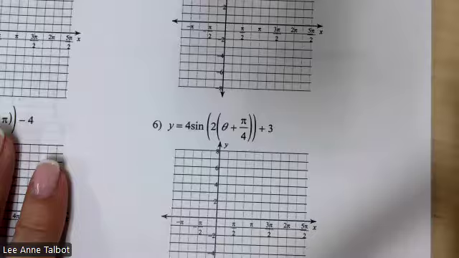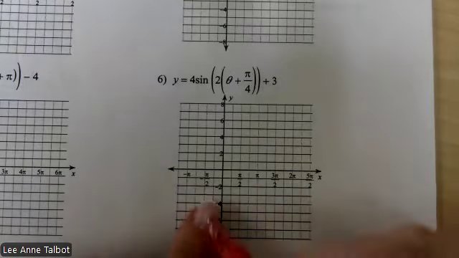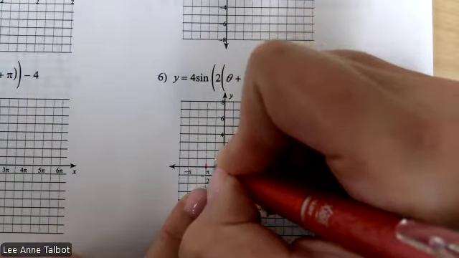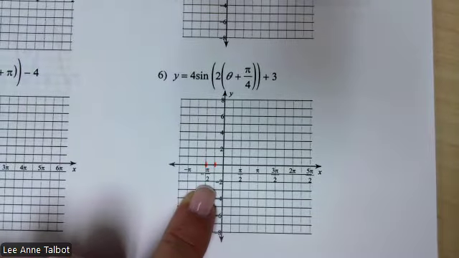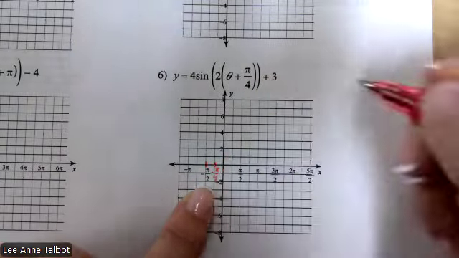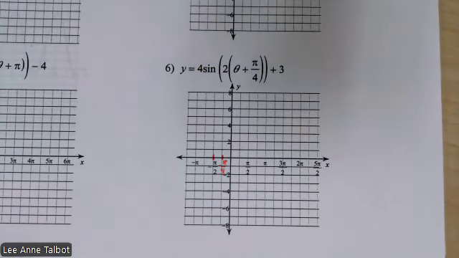Is it because of the start of pi over 4 or negative pi over 4? Okay, so do you see how this is pi over 2? Then halfway would be pi over 4. Is that might be all you needed? Okay, that's what I thought.